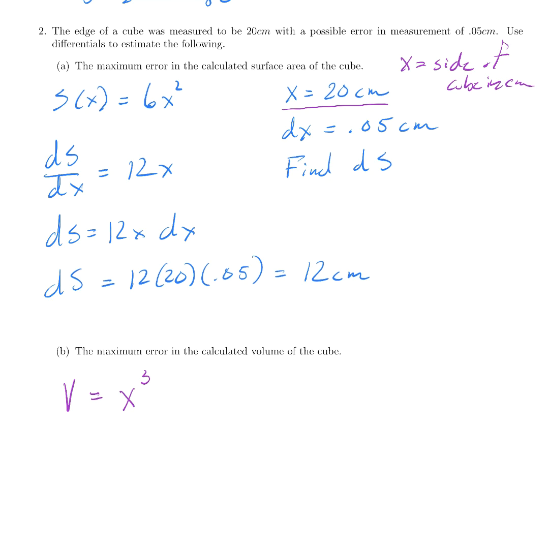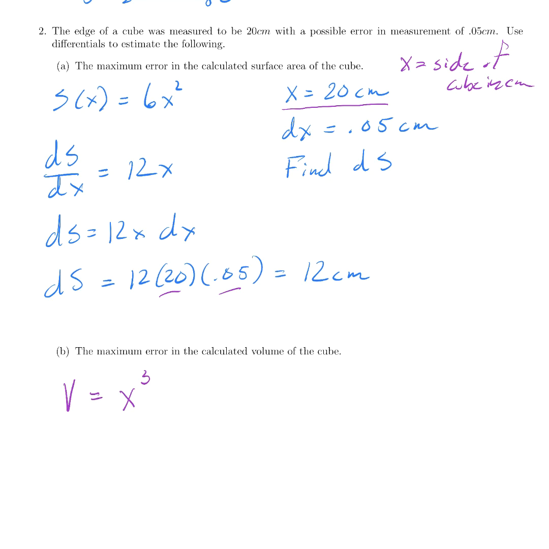Well, there's 6 sides, they all have area x squared, so it's 6x squared. So the derivative of surface area with respect to x is equal to 12x. So dS is 12x dx. And we've been asked to do this when x is 20 and dx is 0.05. And the maximum error in the calculated surface area of the cube is 12 centimeters.